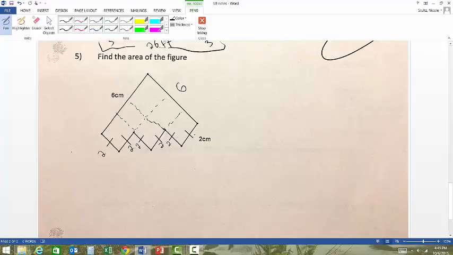So probably the easiest way to do this, since the numbers are so little, is I would just get the area of each separate square and then add up all the areas together. So the area would be length times width, which would give me 4. And so all of these are going to have an area of 4.